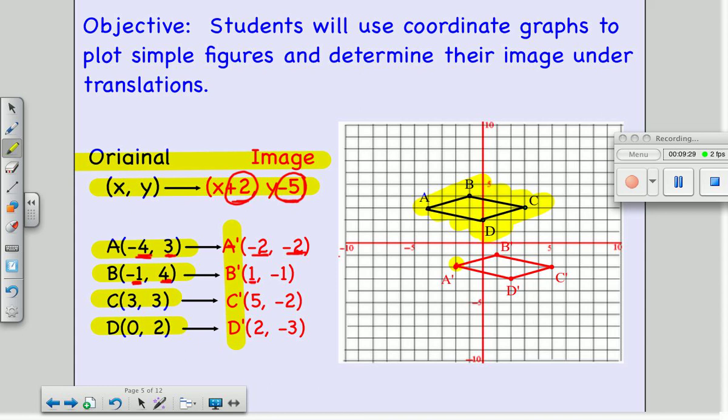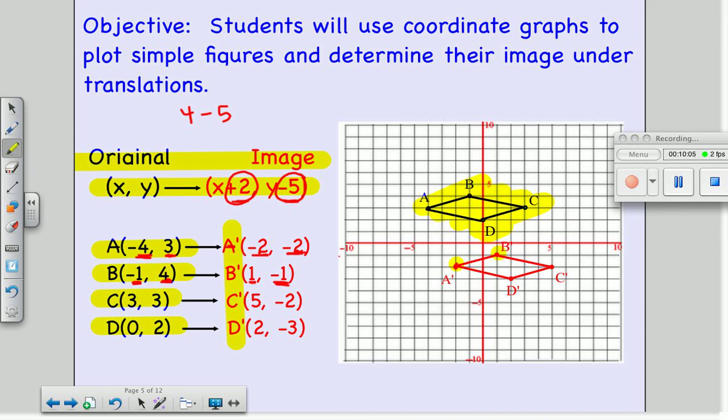Oh, my mistake. It should just be 4 minus 5. 4 minus 5 is -1. So point B should be at 1, -1. Okay?